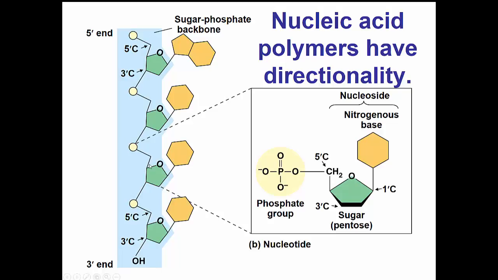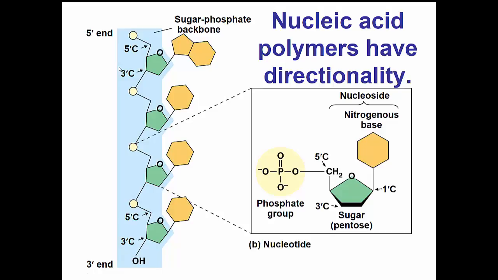If we look here, we can see that this forms what's known as a sugar phosphate backbone, because we have sugar, phosphate, sugar, phosphate, sugar, phosphate. And the bond that links nucleotides is known as a phosphodiester bond. So now we know the monomer, which is a nucleotide.